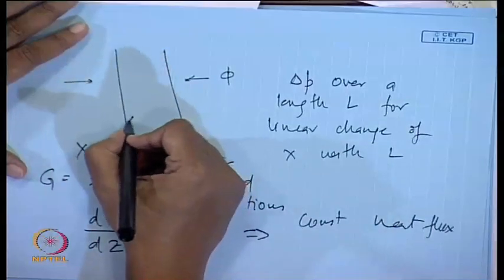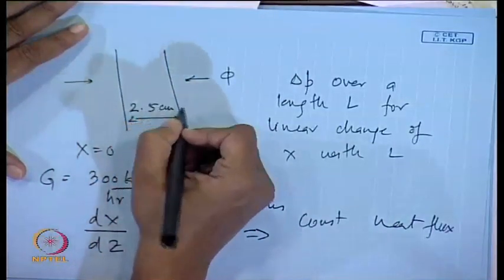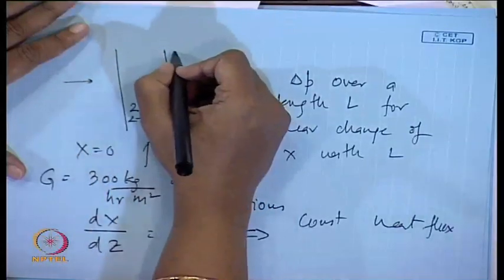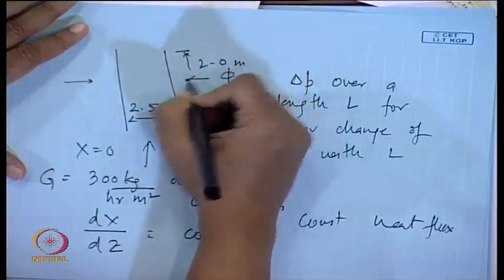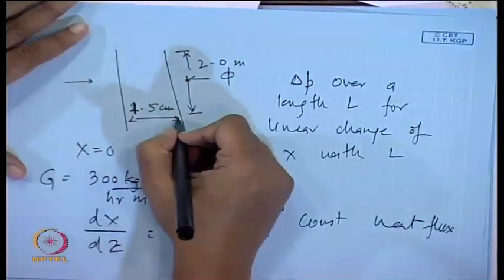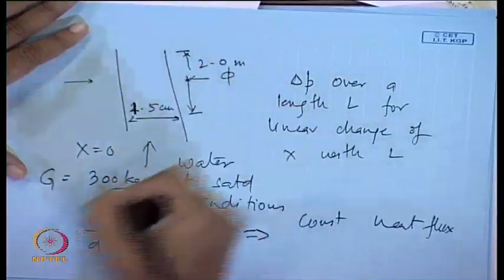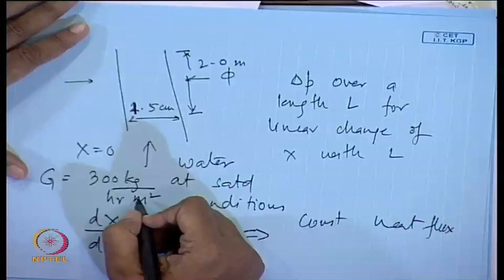Say it is entering into a pipe of 2.5 centimeters diameter and the length is 2.0 meters, or we can put it 1.5 centimeters diameter, 2 meters length, and the water is flowing at 300 kg per hour meter square.